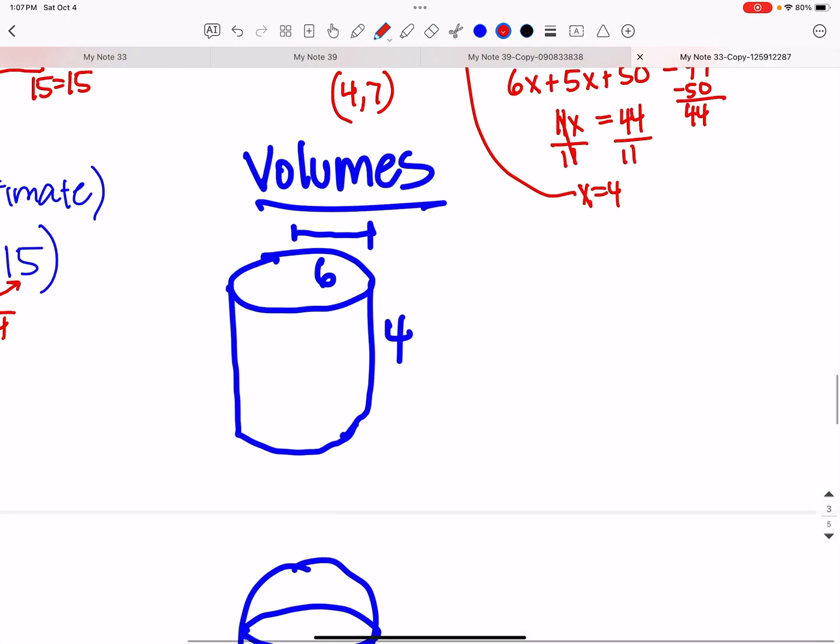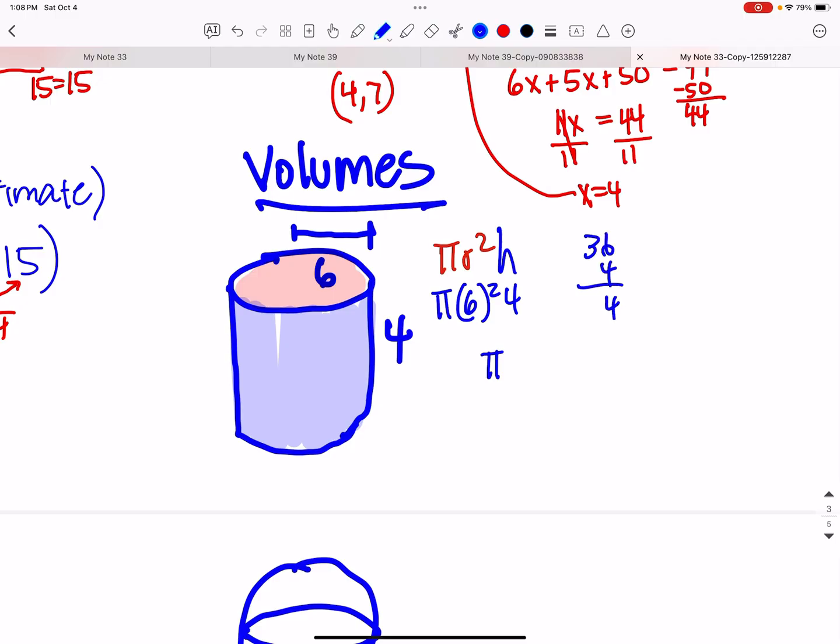Over here, anywhere when we see this area right here, that's a pirate square. So pi r squared. All we have to do is give this pirate square some height, and we've got the shape. Pi times the radius, which is 6, squared, times 4. 6 times 6 is 36. 36 times 4, I should be able to do this in my head. 4, carry the 2, 144 pi.